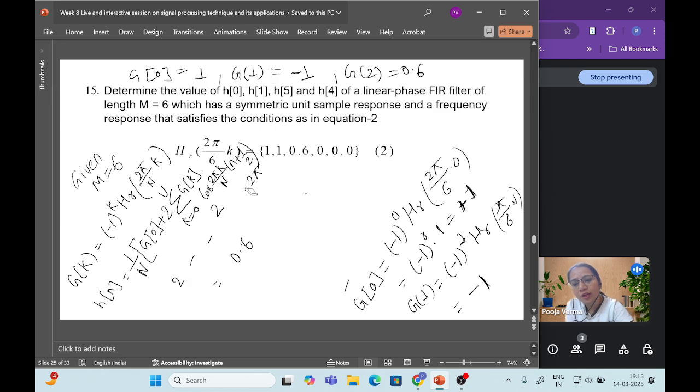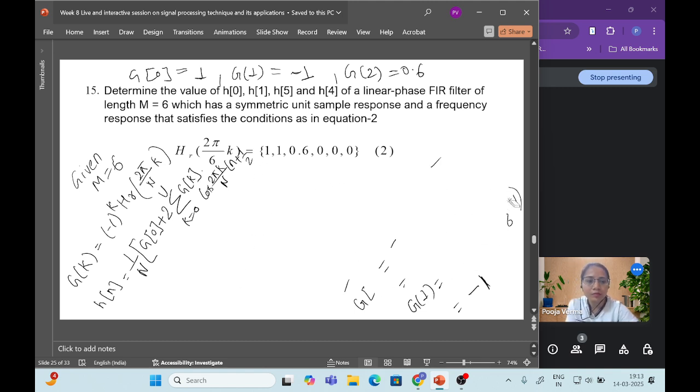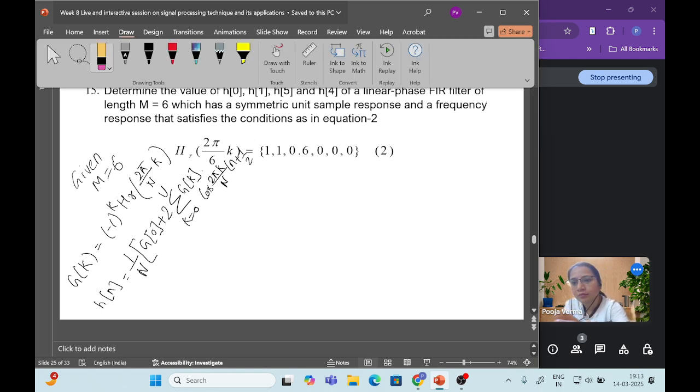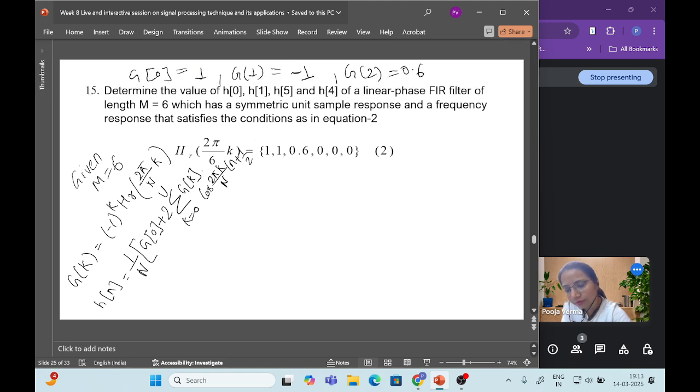Now we have to put these in this equation and determine h of 0, h1, h5 and h4.